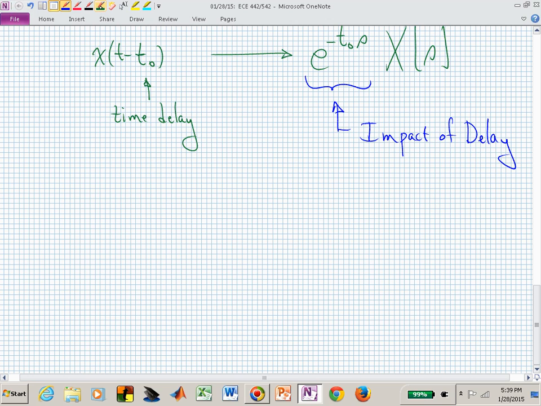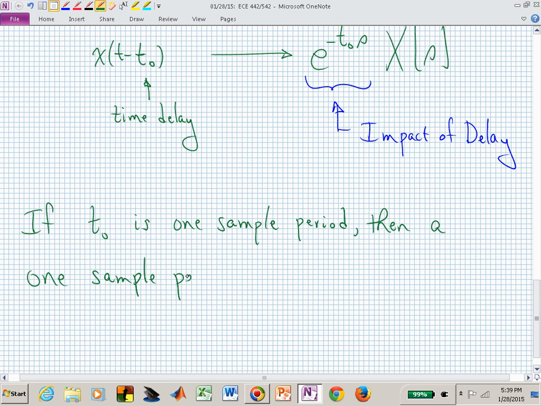Let's now use that to our benefit. If the delay t sub 0 is equal to one sample period, which is actually capital T, what we're going to use, then a one sample period delay in discrete time's frequency domain, how were we representing that using z's?